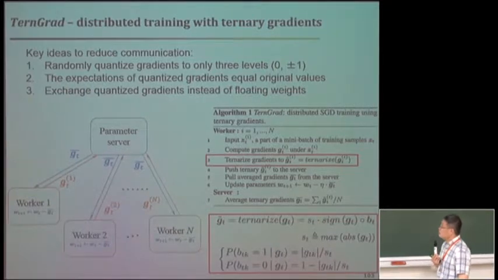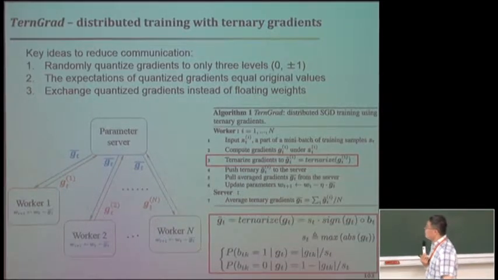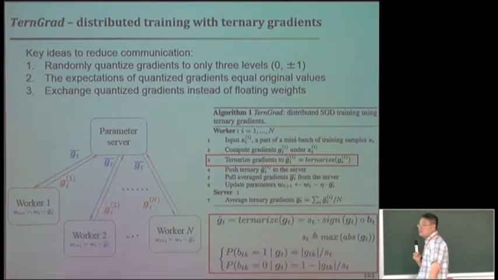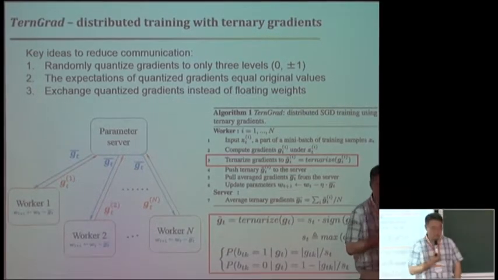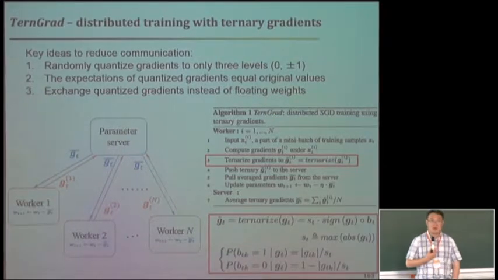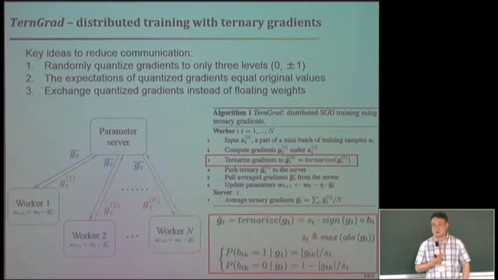The number one is we try to randomly quantize the gradients to only 3 levels: 0, positive, and negative. Because still remember, we have some research in the mobile computing paper. We actually only send the 2 values, right? 1 and 0.